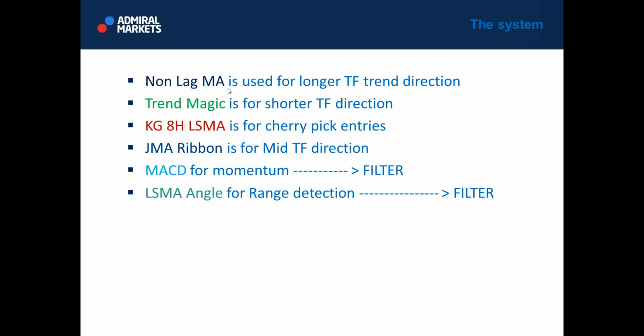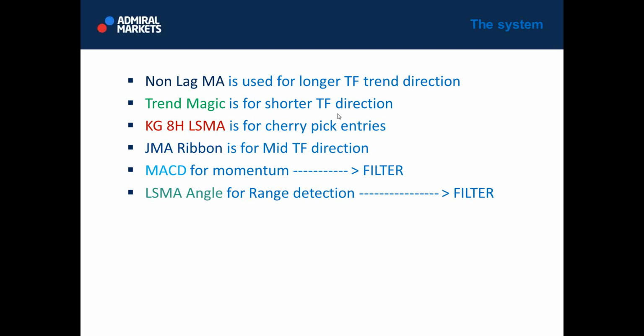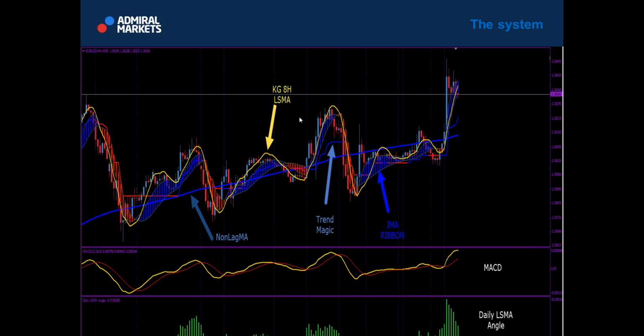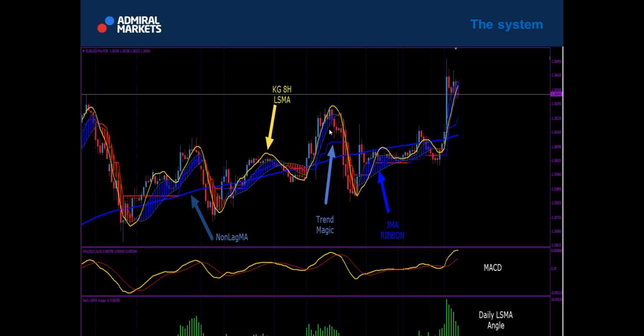Now, non-lag MA is used for longer time frame trend direction. So this thick blue line shows a longer time frame direction, as you can see on the chart. Trend Magic is for shorter time frame direction. You can see how it changes colors frequently. 8-hour LSMA is for cherry picking entries.